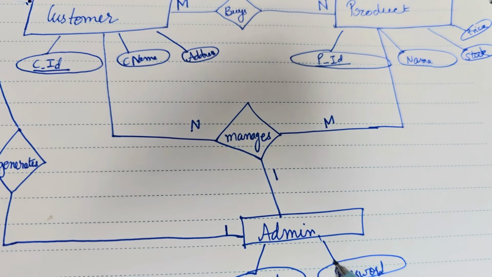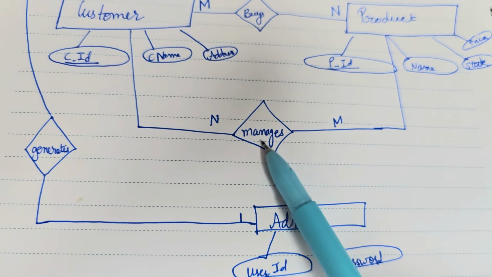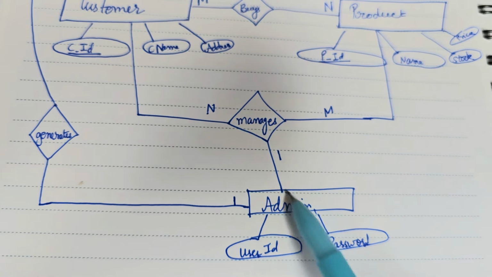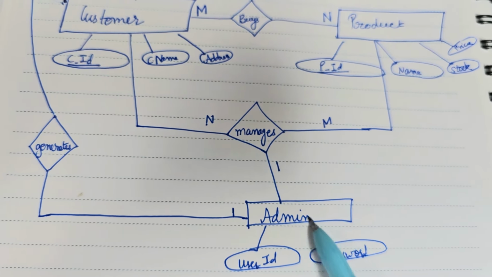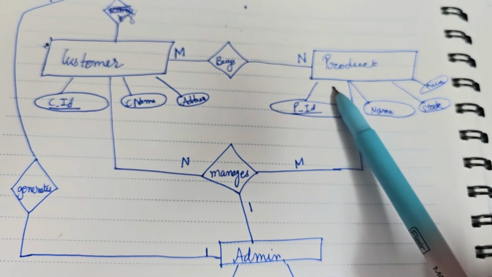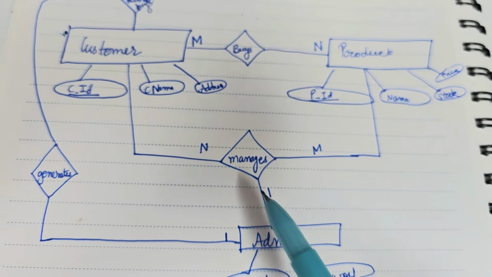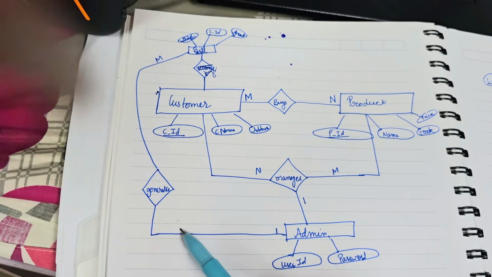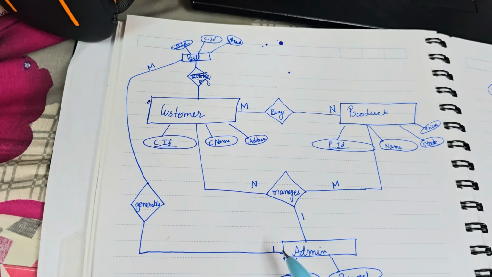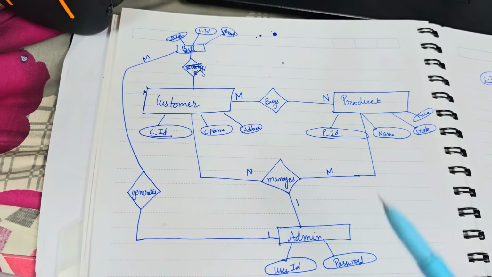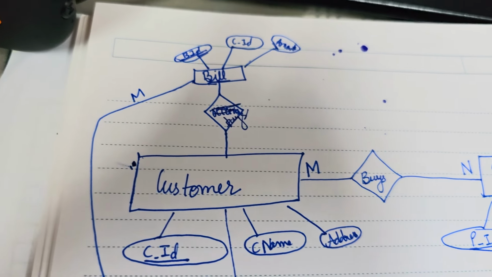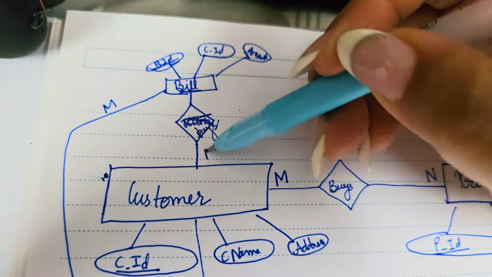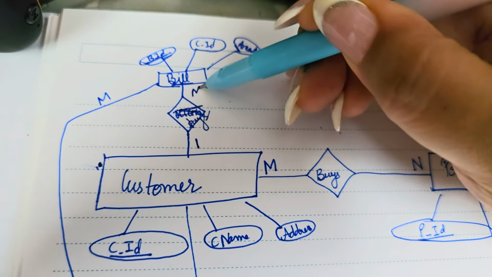Now let's talk about admin. There is one admin who manages many customers. So 1 is to n here, and one admin manages many products also, so 1 is to m. Then one admin can generate multiple bills, so 1 is to m. And one customer can pay multiple bills, so 1 is to m here.